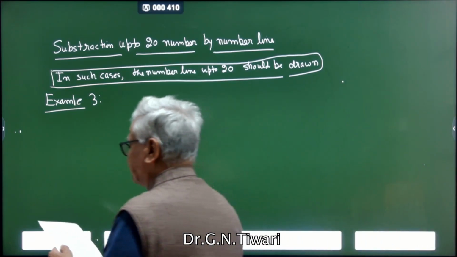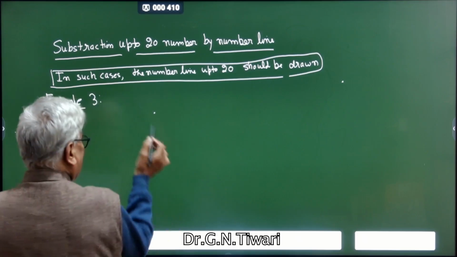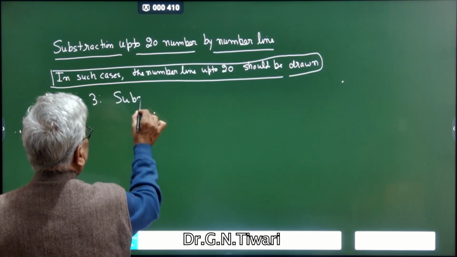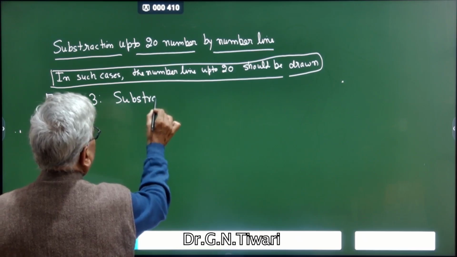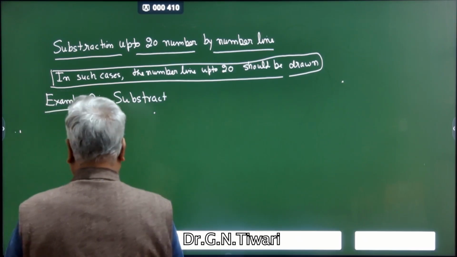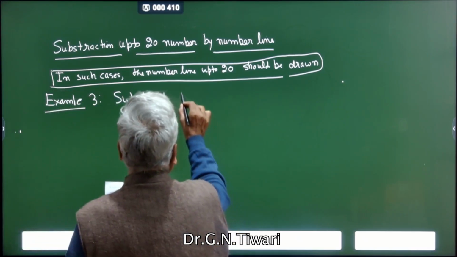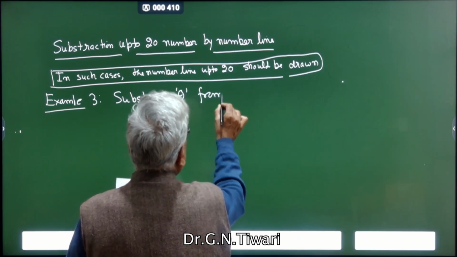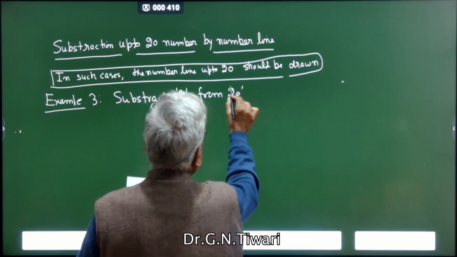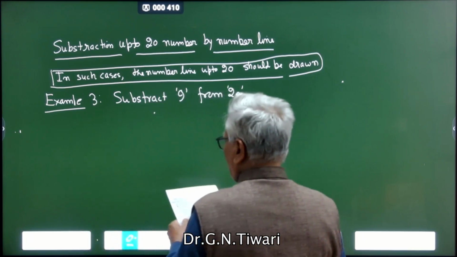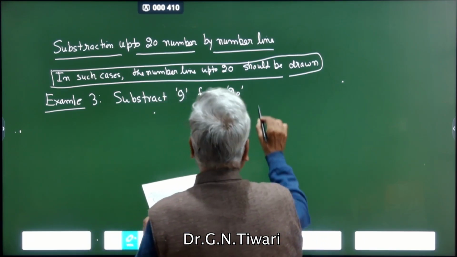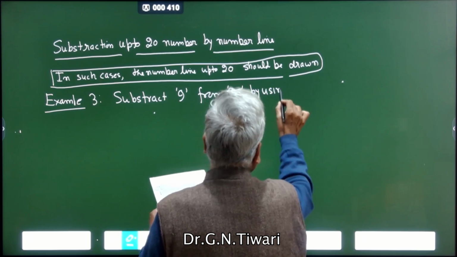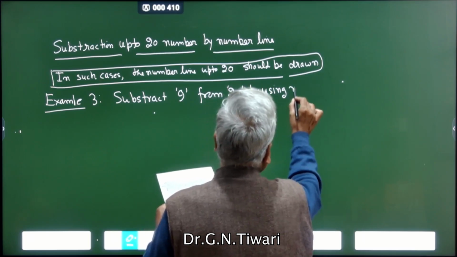Here again, another example I am telling you: subtract 9 from 20 by using number line.